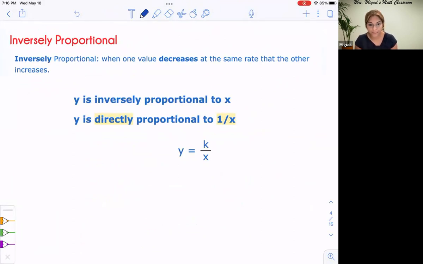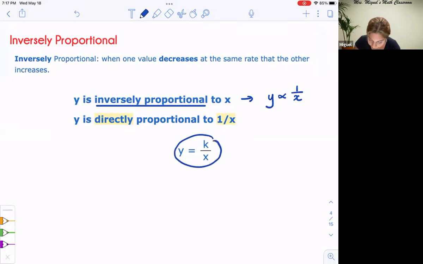Inversely proportional means when one value decreases, at the same rate the other one increases. So we write y is inversely proportional to x. We write y is proportional to 1 over x.